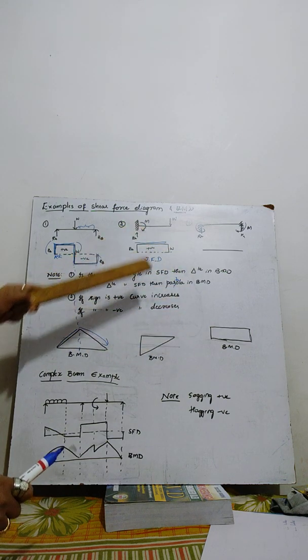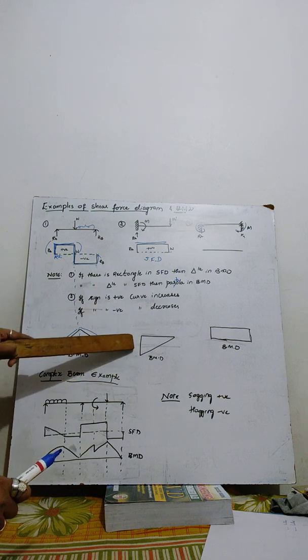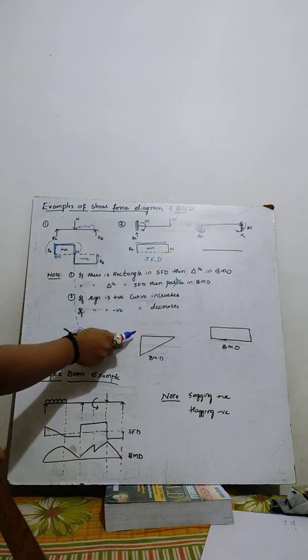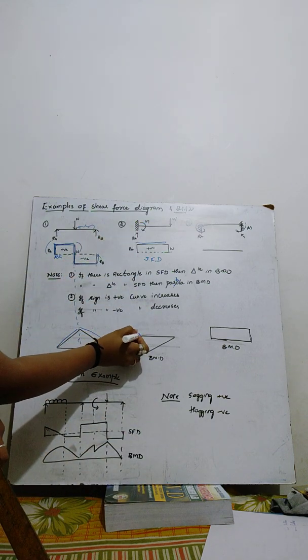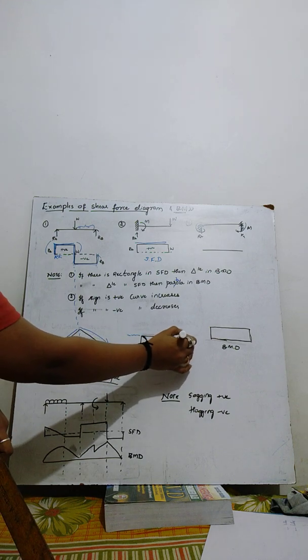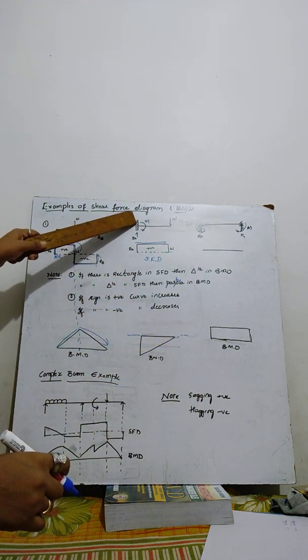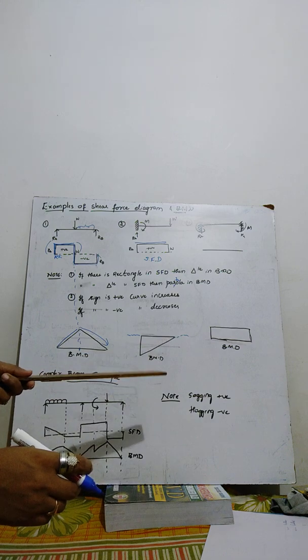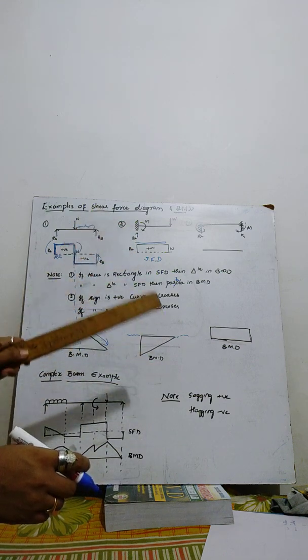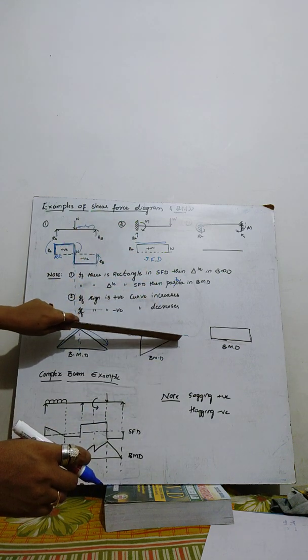Since it is a cantilever, even though this is positive, since there is a moment, there is a vertical line. This is the reference line. Since it is a cantilever, you can identify that the tension or the bar is provided on the top, right?